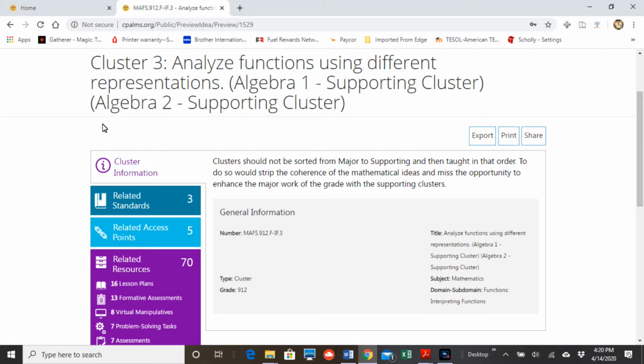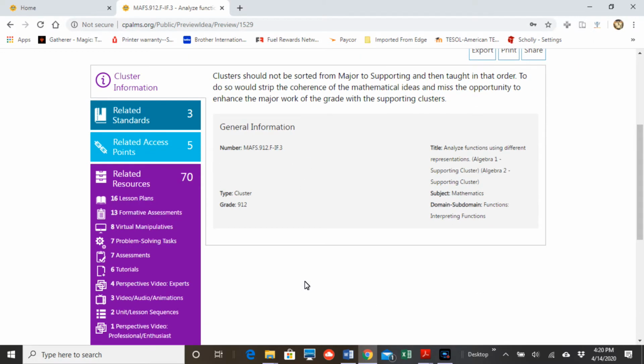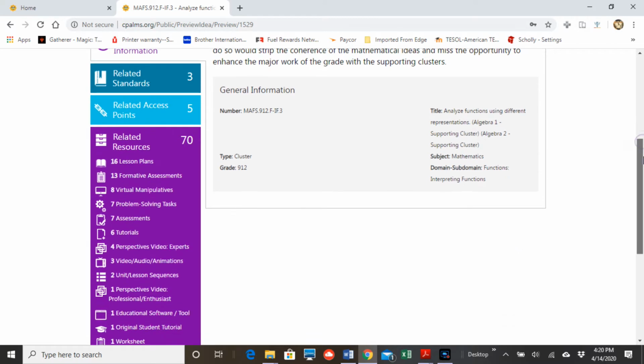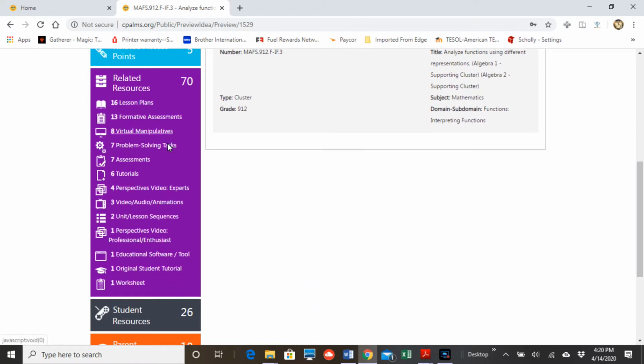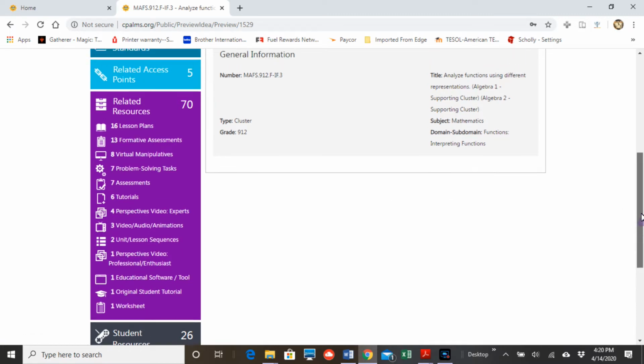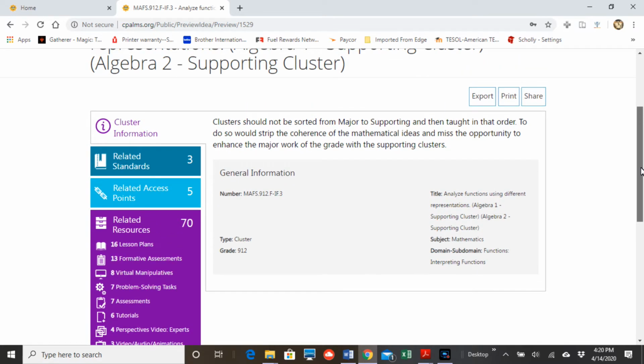We know it's Algebra 1, Algebra 2, so this is something that's going to connect Algebra 1 to Algebra 2. Now it's going to give you an overview. So these are all the related lessons for this particular standard. But since it's incorporating Algebra 1 and Algebra 2 together, I don't want to spend too much time or get too involved with this here because this is general information that's available.